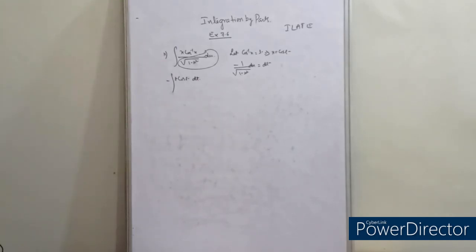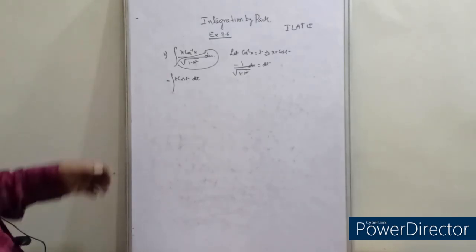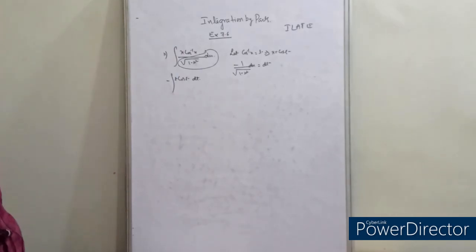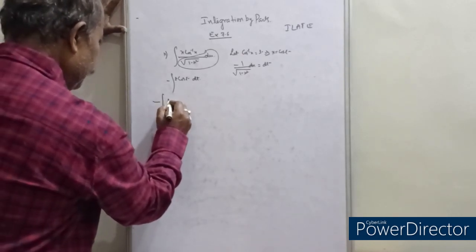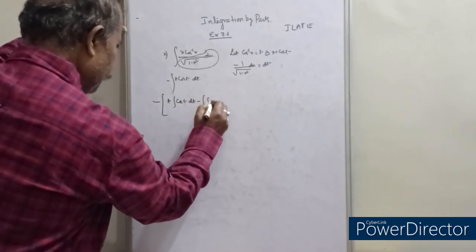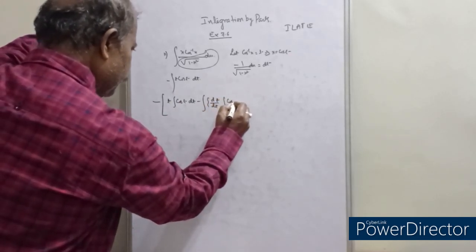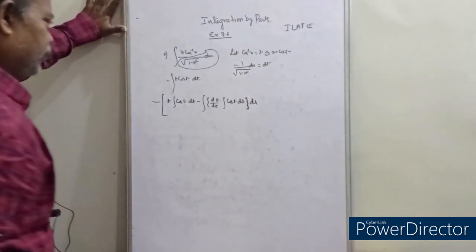I have reduced it to this form, and now there are two functions, so I can integrate by parts and apply the ILATE rule. According to it, t is algebra and cos t is trigonometry. So algebra is the first function. I have kept here minus, t cos t dt, minus the integration of the differentiation of the first function and the integration of the second function, dt, curly bracket close.